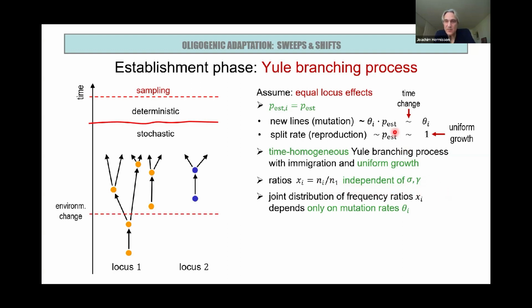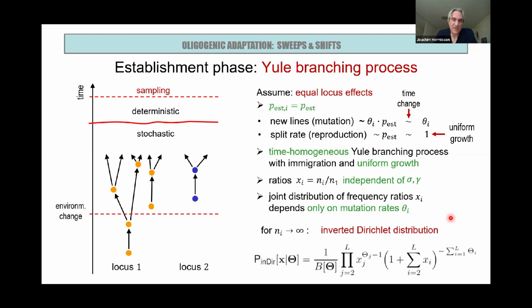So also all the selection parameters that are hidden in the establishment probability no longer play a role after this time change. And we get a joint distribution of frequency ratios that only depend on the mutation rates. Yeah, and this can be worked out.